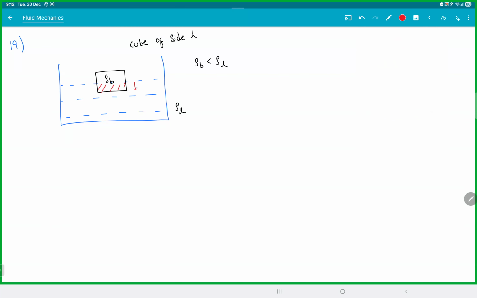This is X. So now what you did, the container is accelerated upward. What happens to X?